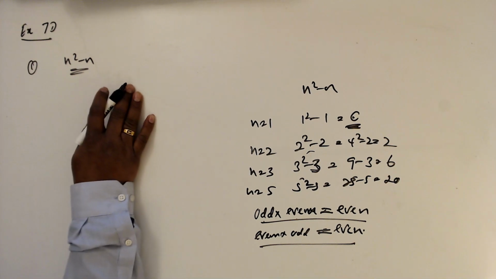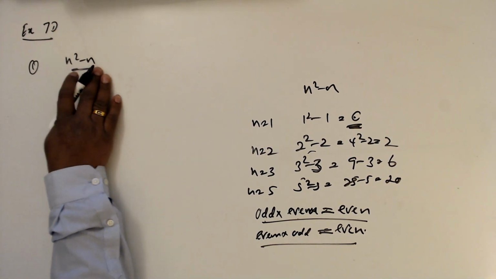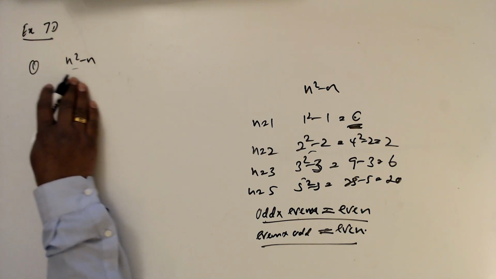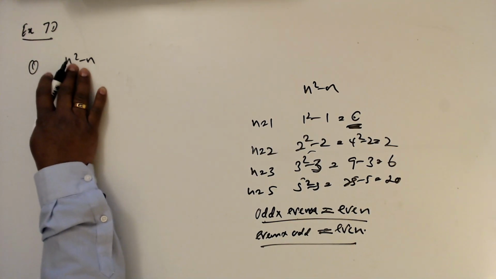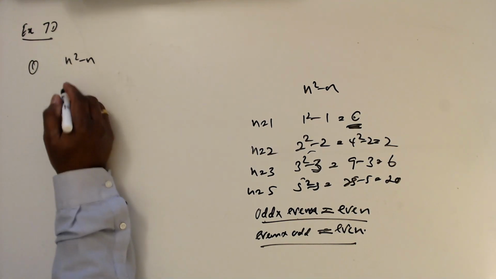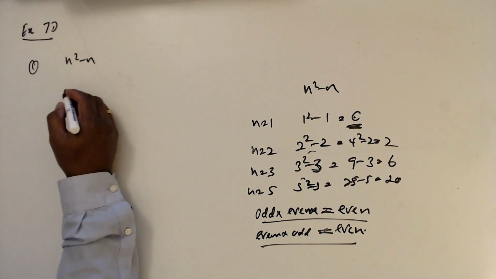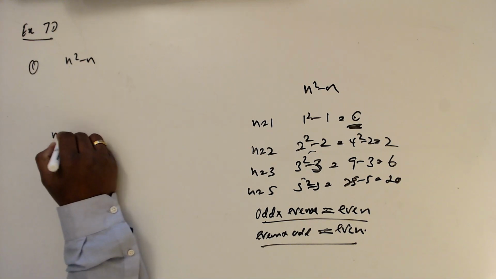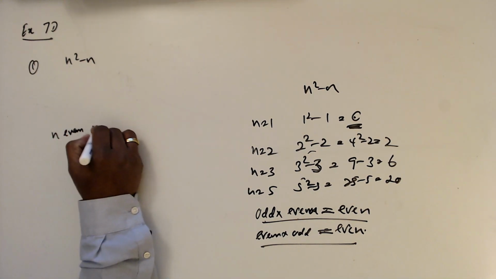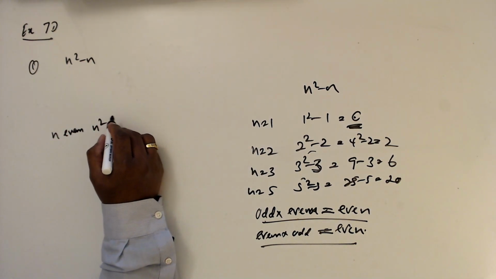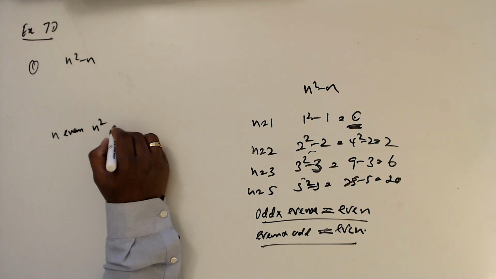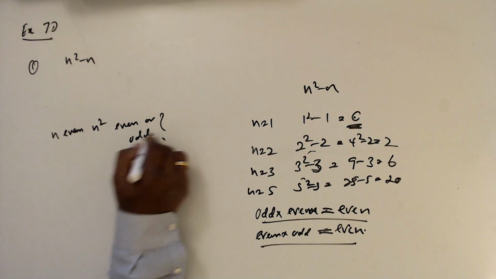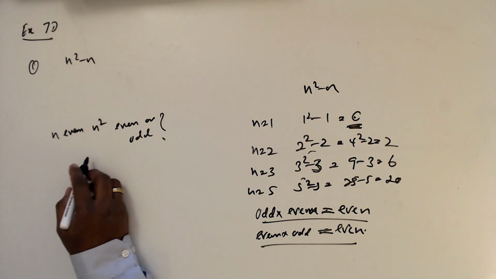Now, if I have this in this form, I can't do anything. That's all I can see, and we don't know that. For example, if n is even, then n squared is even.